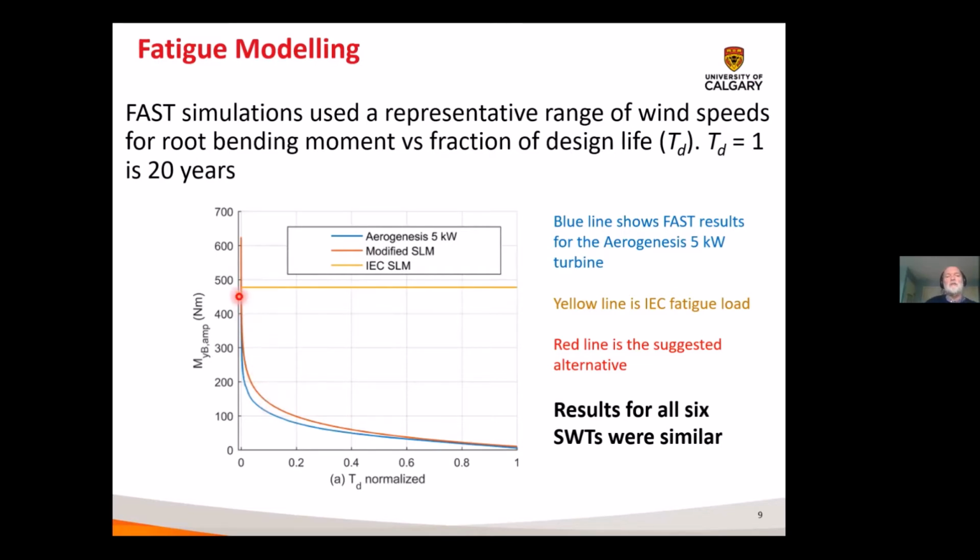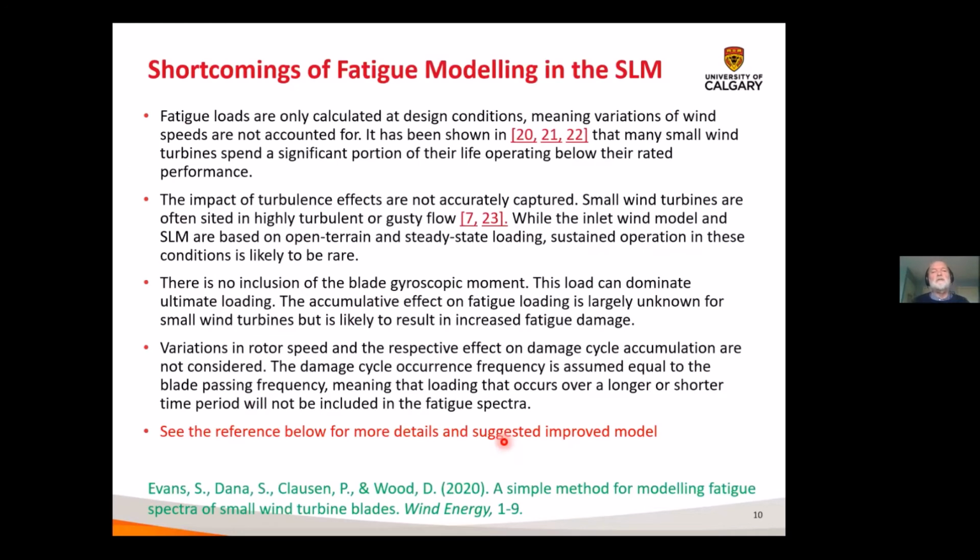What we see from the FAST simulations, because the blue line and the red line coincide at very small values of TD, is that there's a very small percentage of the turbine life where the loads are actually larger than the IEC specified load. But for the overwhelming fraction of the turbine lifetime, the fatigue loads are much, much lower than are specified by the IEC standard. There are quite a number of reasons for this.